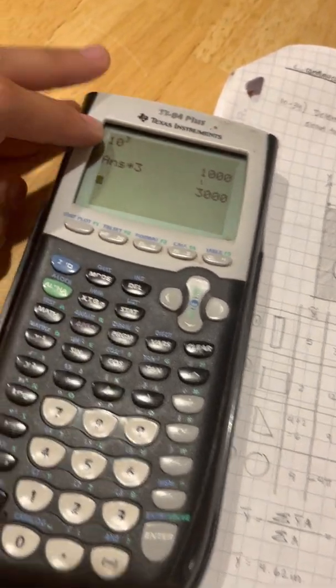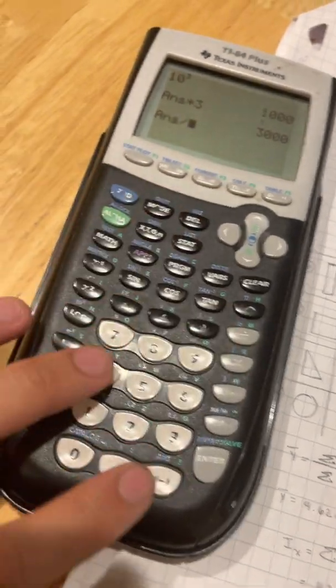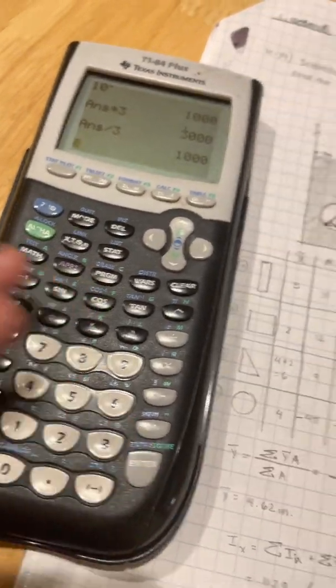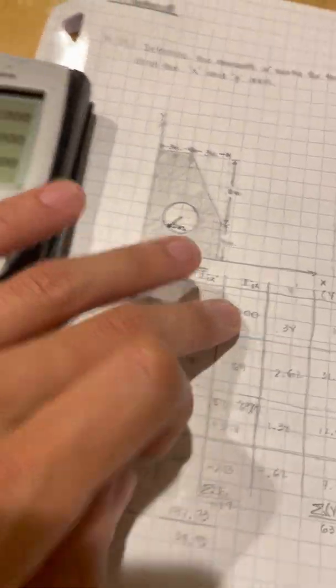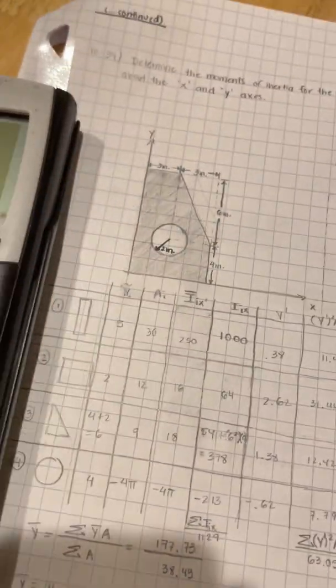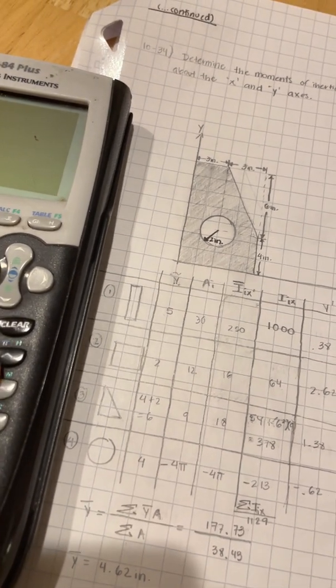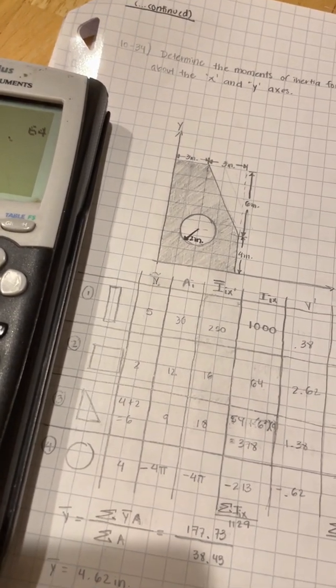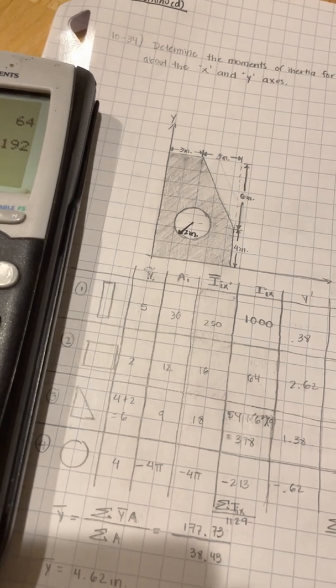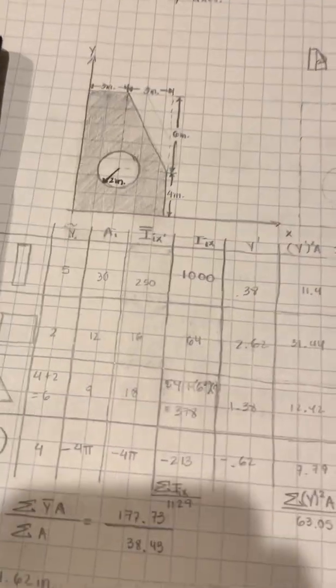So height cubed times base divided by 3, right? 1/3 base height cubed. So you just get 1,000 again. 64 is coming from that, so you get 4 to the 3rd times 3 divided by 3, 64, okay?